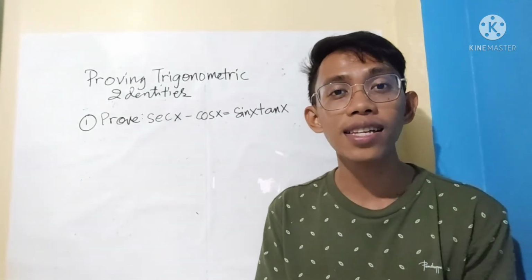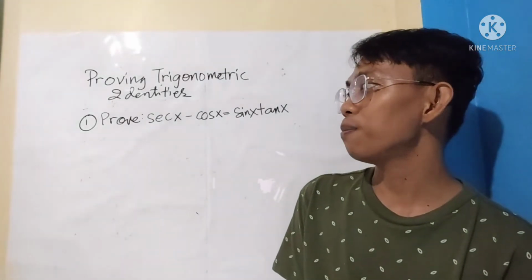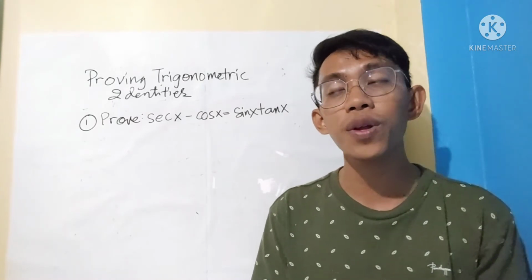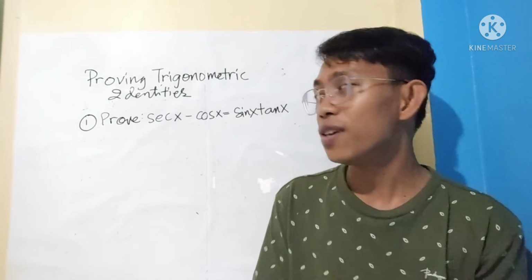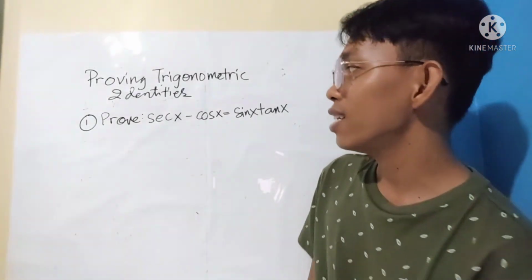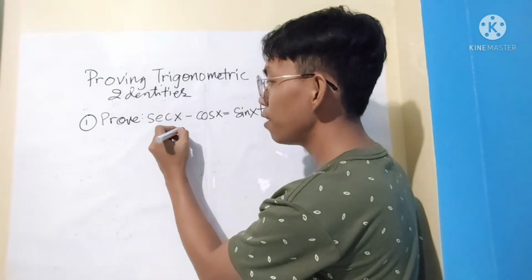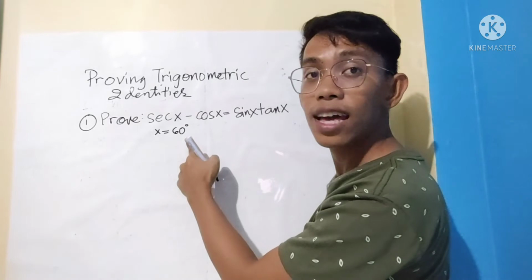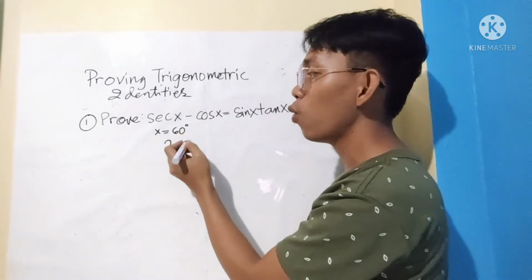So, ang una nating gagawin ay i-verify muna natin kung ito nga ay posibleng isang identity. To do that, we will assign a value to x or the angle. Say, we want the angle to be 60 degrees. And if x is 60 degrees, then its secant is 2, while its cosine is 1/2.